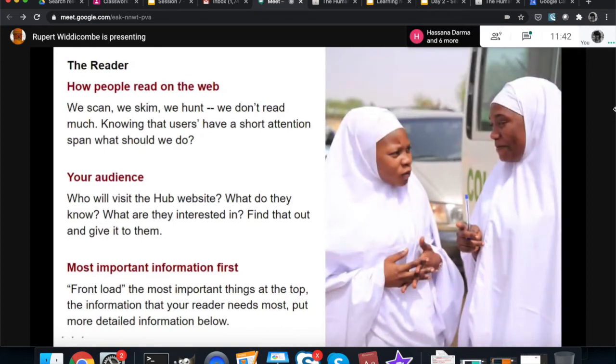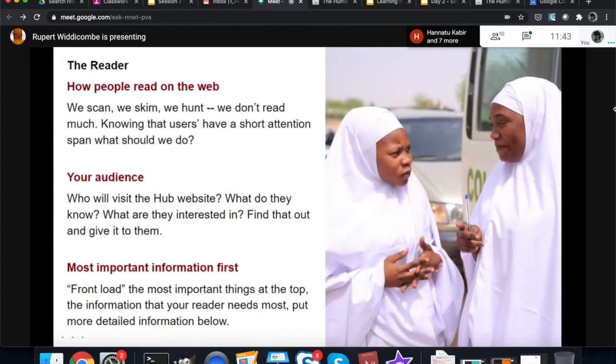And users have a pretty short attention span when they're hopping around on the web. One study found that 55% of visitors to websites spend 15 seconds or less on a web page. And another study found that users read at most 28% of the words during an average visit. 28% of the words on a page. 20% is more likely.